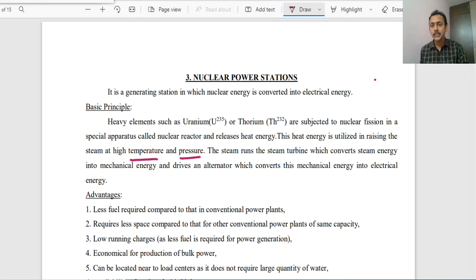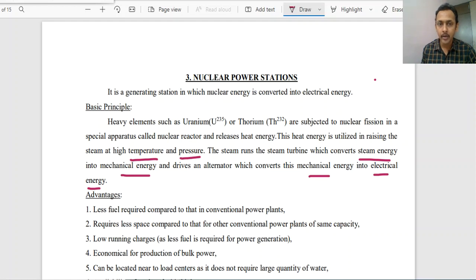Now this steam will run the steam turbine, which converts the steam energy into mechanical energy, and this mechanical energy is going to drive the alternator, which will convert the mechanical energy into electrical energy. So this is the basic principle of operation in a nuclear power station.